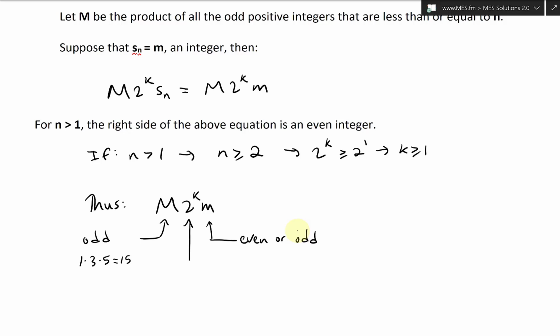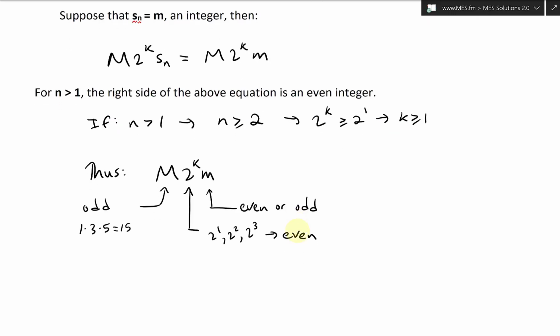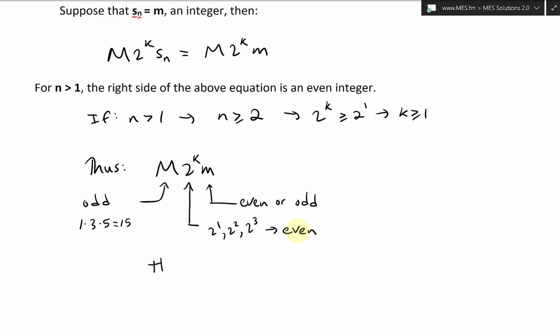And then 2 to the k is 2 to the 1, or 2 squared, or 2 cubed, etc. These are all even. Whenever you take any integer and multiply it by an even number, the result is even. For example, 11, which is odd, times 2 equals 22.